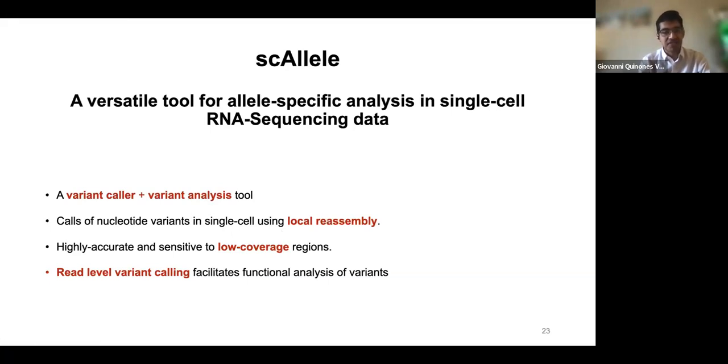One of the challenges of single cell, of course, is regions that are very lowly covered, so we want to make it very sensitive to low read coverage. And at the same time, after identifying variants, we want to do some functional analysis. So we use this feature of read-level variant calling to find linkage between variant alleles and splicing isoforms.